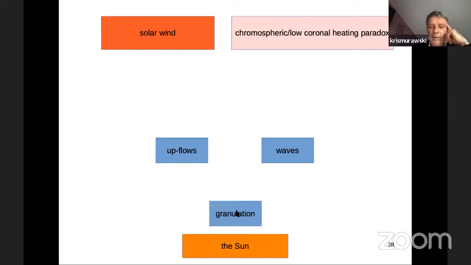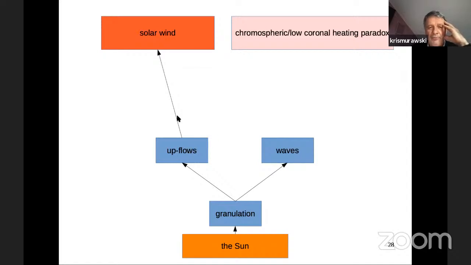And we have granulation. We have the convection zone on the sun, which is a vast reservoir of kinetic energy. So it's only a matter of finding a way to thermalize this energy. We have found that granulation generates upflows and generates waves.